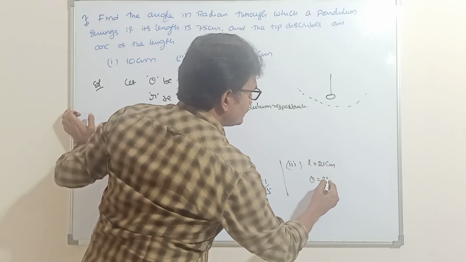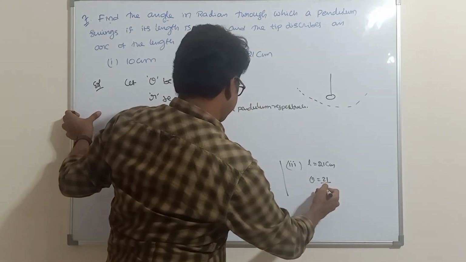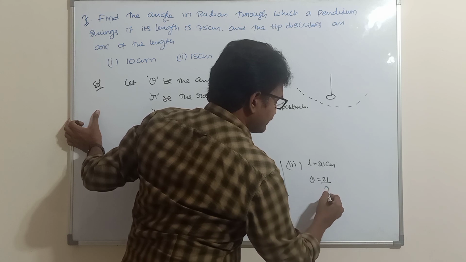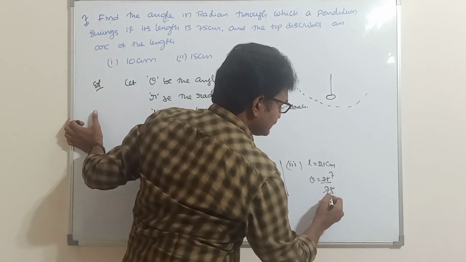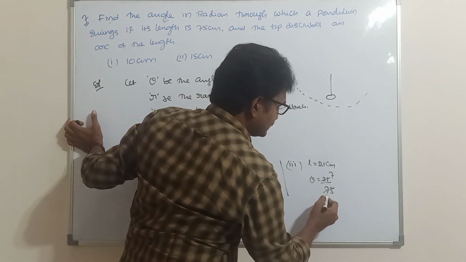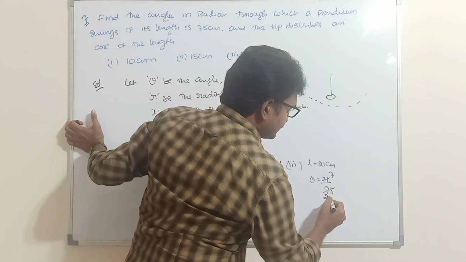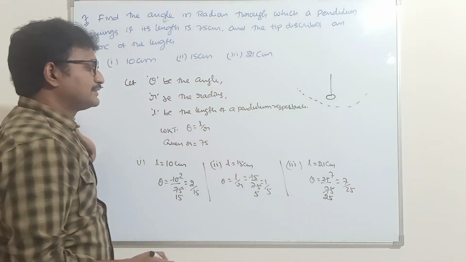Theta is equal to 21 by R, and the radius is 75. Dividing by 3, 21 by 75 is 7 by 25 radians.